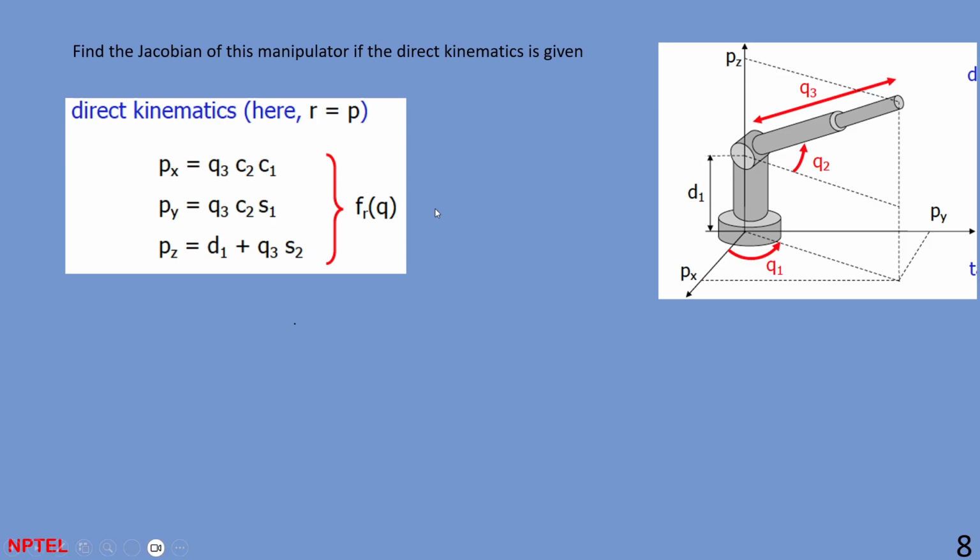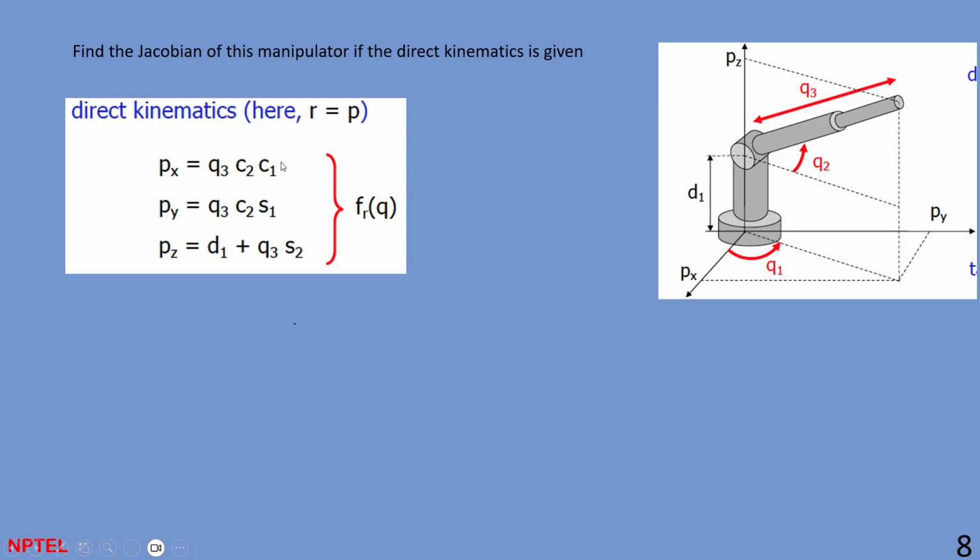So this is the question. Find the Jacobian of this manipulator if the direct kinematics is given as this. This is a direct kinematics, which is basically the position of the end effector. You can see there is a px, py, pz. The position of this point is given here, which has q3, c2, c1.